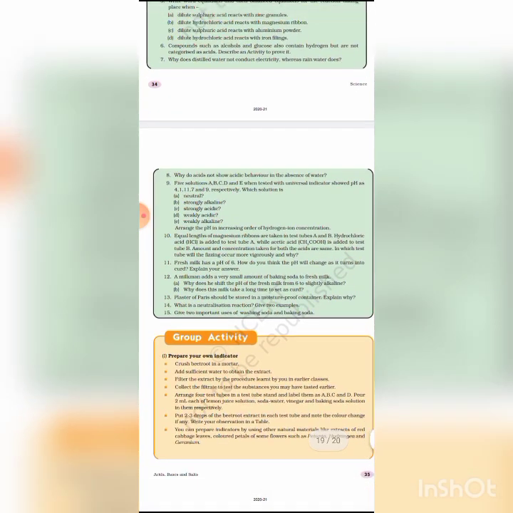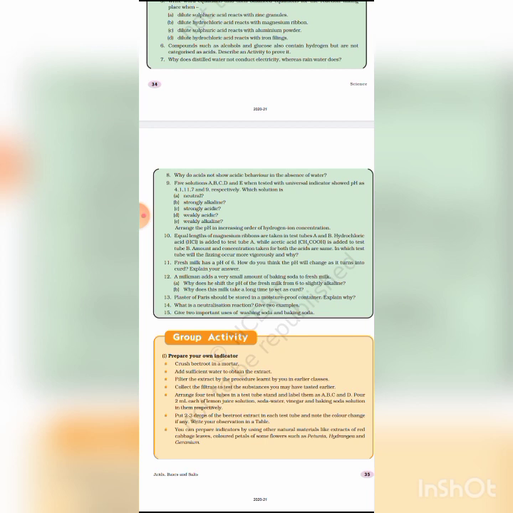Question number 6. Compounds such as alcohols and glucose also contain hydrogen but are not categorized as acids. Describe an activity to prove it. Student, the activity is already given in your book.